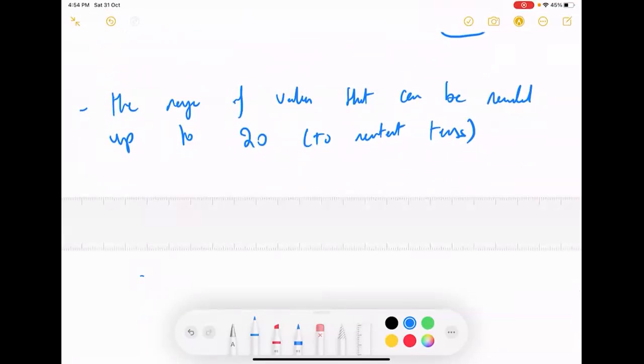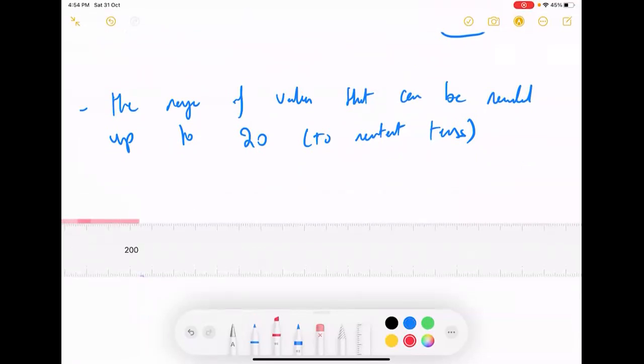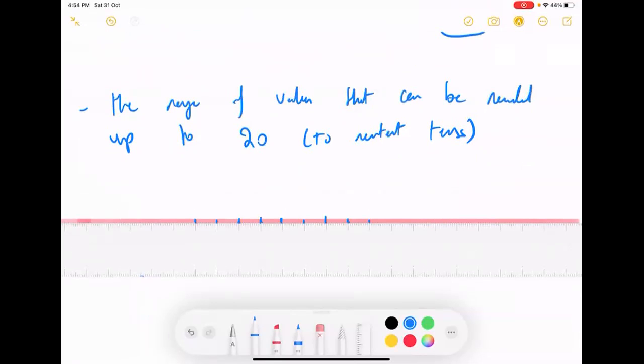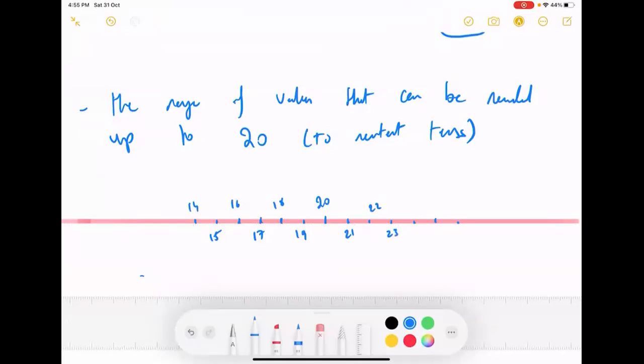So we can draw another line. This is 20. This is 19, 18, 17, 16, 15, 14, 21, 22, 23, 24, 25, 26.